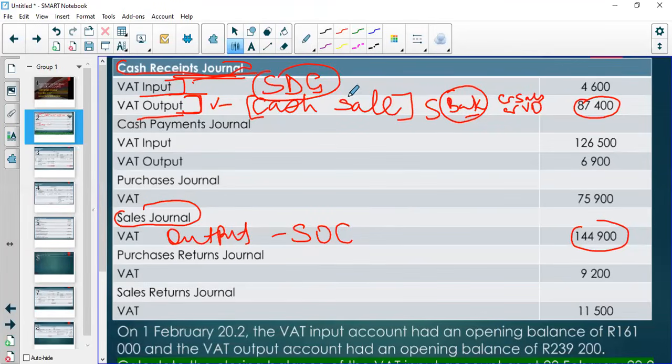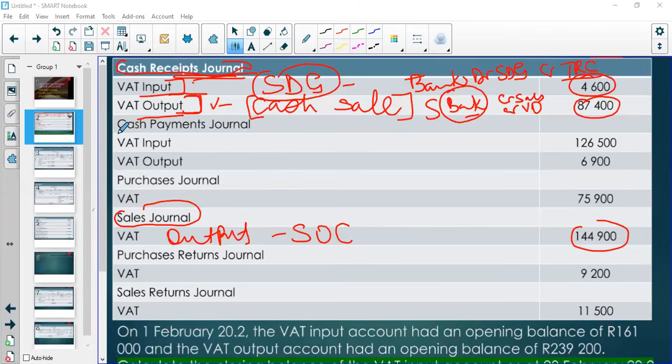So the VAT input for that settlement discount granted is this much. When this was recorded, remember that we did debit bank, then we debit the settlement discount granted, then we credit the trade receivables control. So you need to remember the original transaction and how the VAT gets involved.